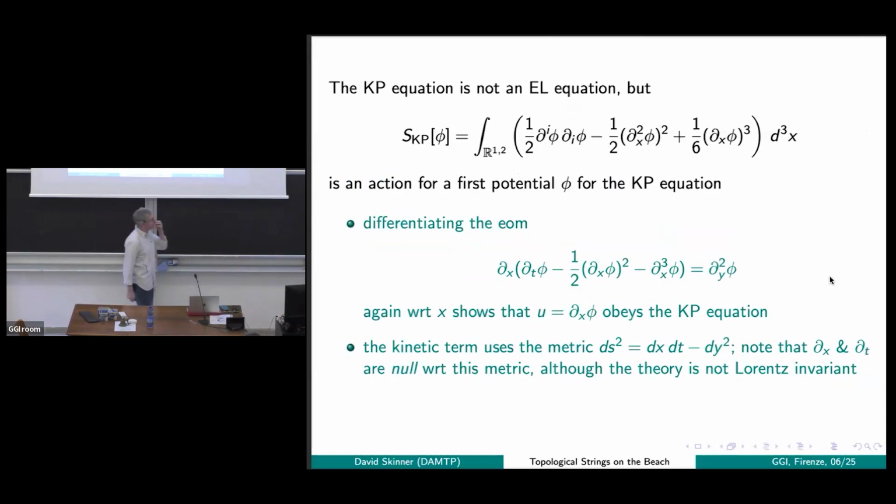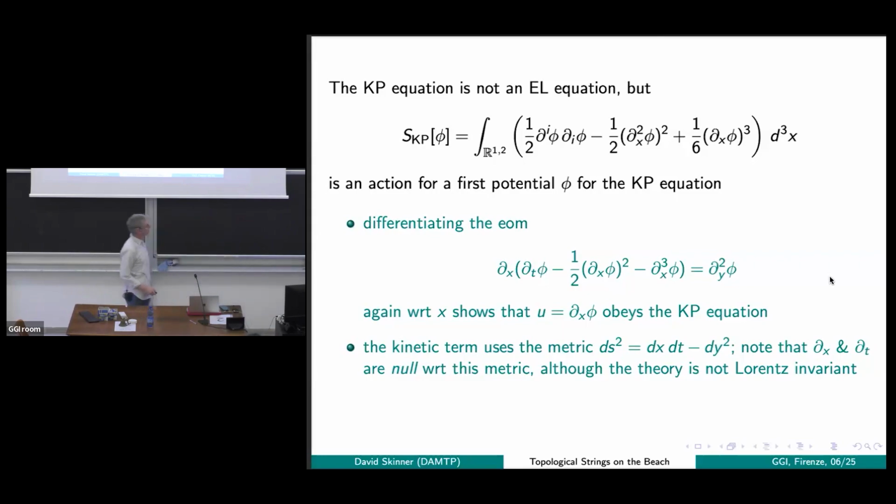Okay, so that KP equation, as we wrote it down, isn't itself an Euler-Lagrange equation. It's not something that comes out as the unique equation of motion of any action, as far as I know. But if I introduce a field phi, and I write that action, the first term is just some standard kinetic term in 2+1 dimensions, and then there's a modification of the kinetic term which will involve that fourth order derivative that we saw in the KP equation, and some sort of cubic interaction, again involving derivatives of this field in this particular x direction.